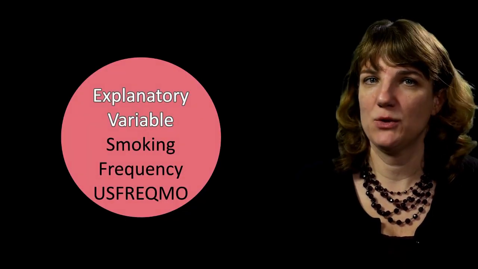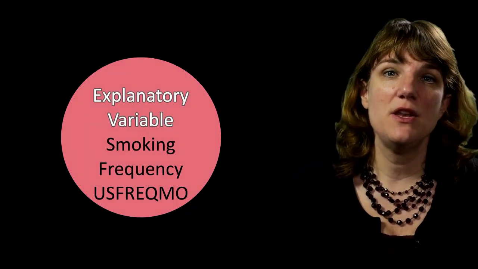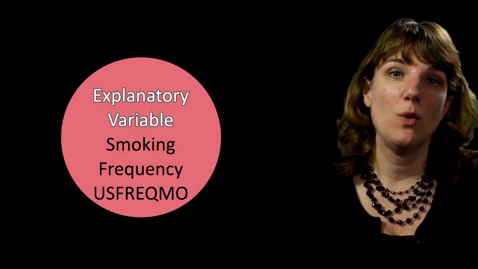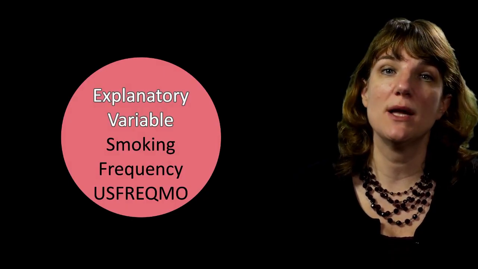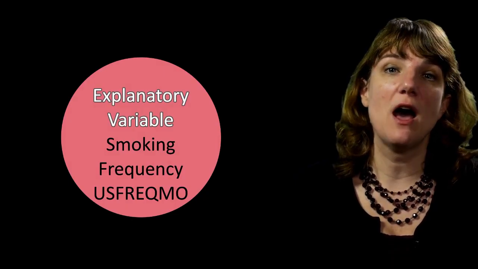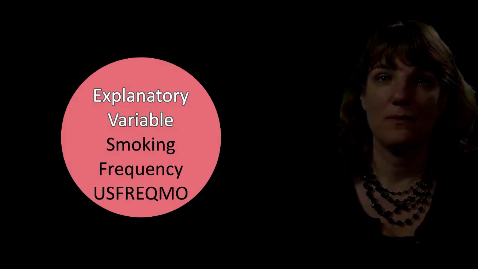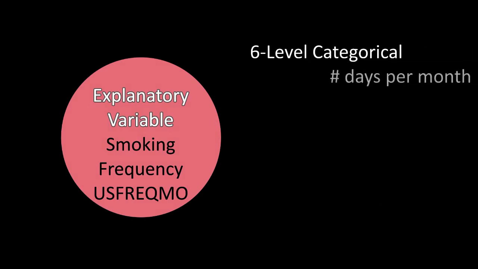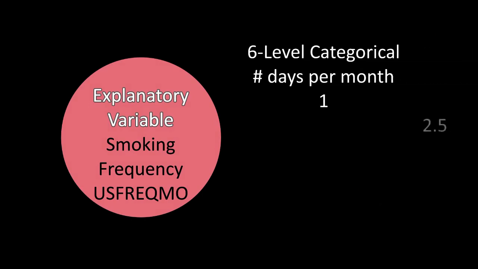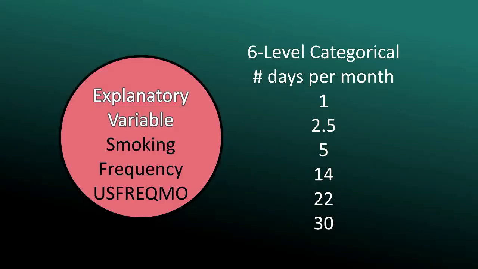For this analysis, I'm going to use a categorical explanatory variable with 6 levels, the number of days smoked per month, which you may remember I called US Freak MO, with the following categorical values: smoking approximately 1 day per month, 2.5 days per month, 5 days per month, 14 days per month, 22 days per month, and 30 days per month.